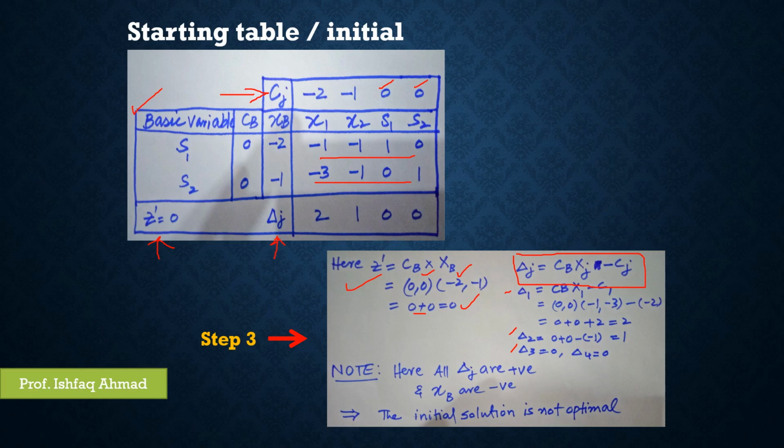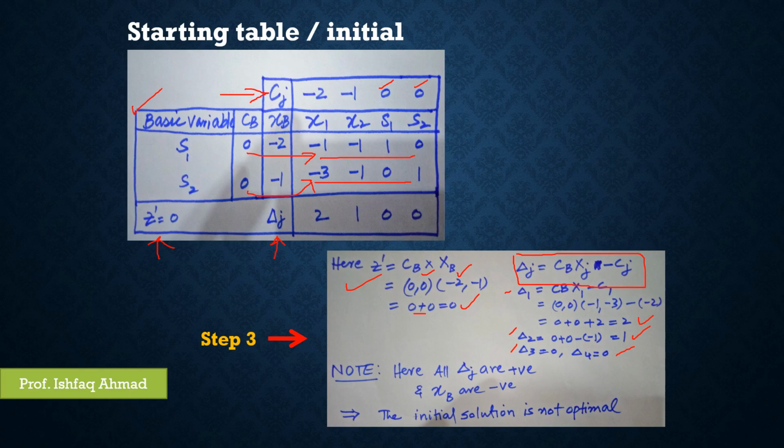We use values in CB column which are 0, 0, and we multiply 0 with minus 1 with the first column under x1 and 0 with x3, and we add them and we subtract Cj from this value. So here is the value 2. Similarly, we can find delta 2, that is 1, and delta 3 is 0.